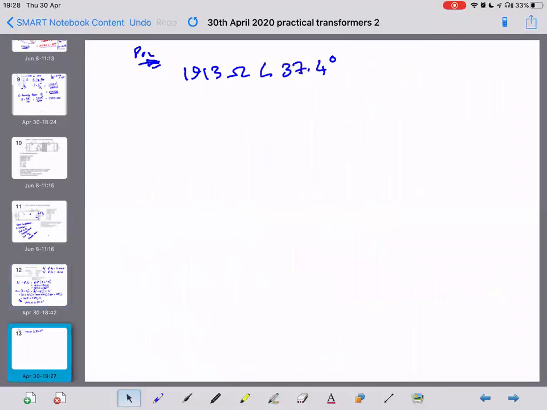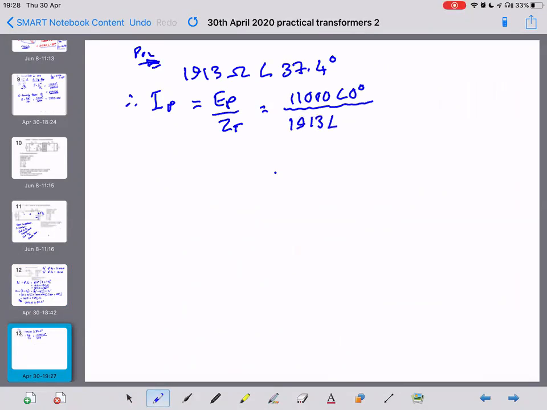So therefore, IP, the primary current, is equal to EP over the total impedance, which is 11,000 angle 0 over 1913 angle 37.4 degrees, equals 5.75 amps angle minus 37.4 degrees.